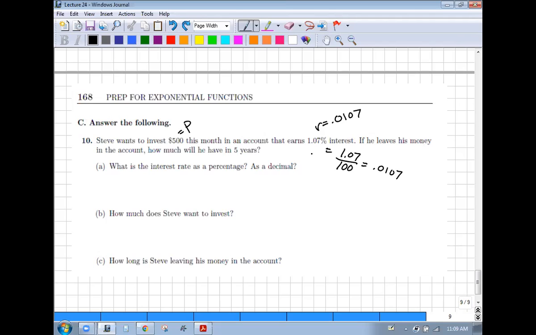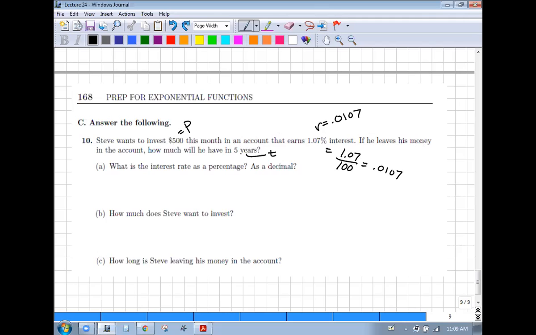He leaves his money in the account. How much will he have in 5 years? They didn't tell us how often they compound the interest. They didn't say compounded annually. They didn't say anything about how often they're compounding, so we assume simple interest.